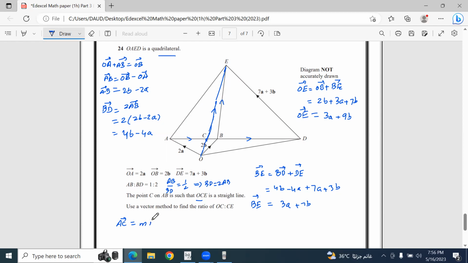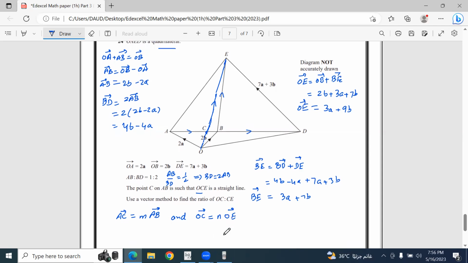M multiplied by AB, we will get AC. And the second thing, how to find OC: something multiplied with OE. So OC is equal to N, any number, multiplied with OE, we will get OC.